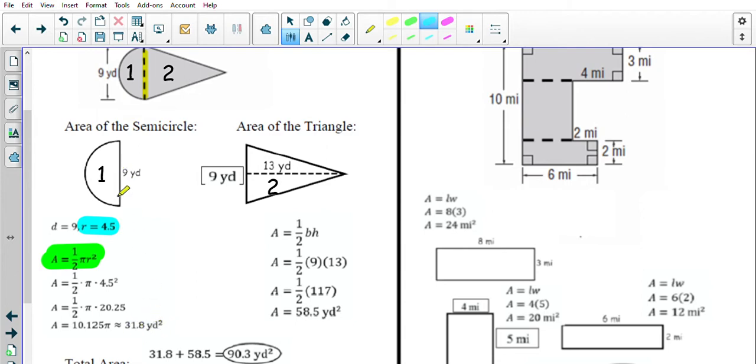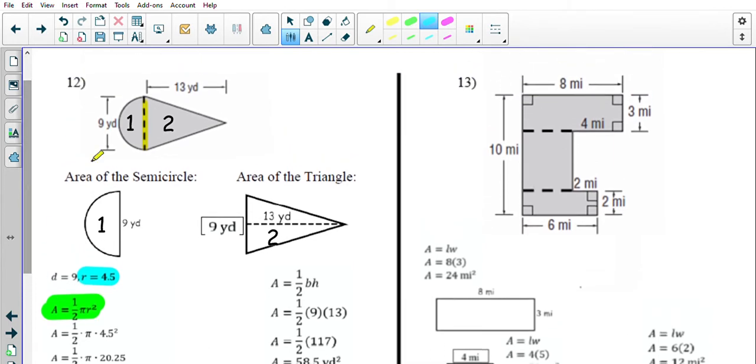Again, that's for the semicircle. The one thing that students often forget is to divide by 2 or multiply by a half since it's only a half circle, not a full circle. So be careful with that. You're going to notice when I go to find my total area down below, I used the decimal. You could also do 10.125 pi in replacement of this 31.8. You should get the same solution either way.